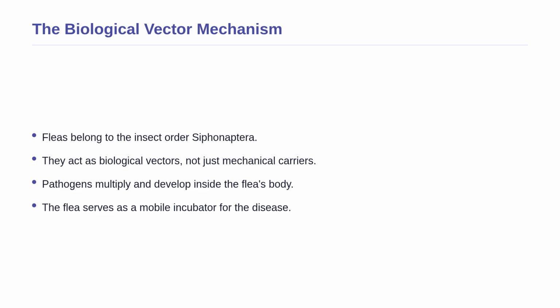It means the pathogen actually multiplies and develops inside the flea's body before it is passed on to the next host. The flea is essentially a mobile incubator. Understanding this specific biological mechanism is absolutely crucial for scientists because it helps us develop targeted medical treatments and highly effective pest control strategies.